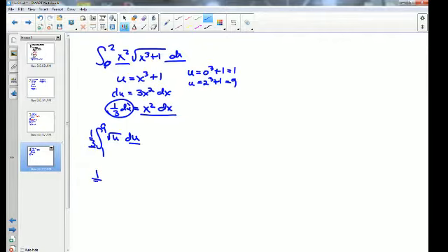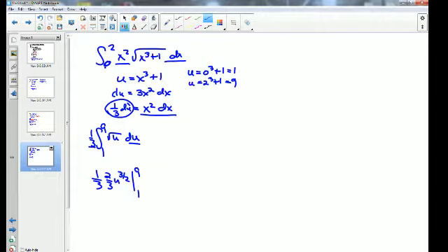So my integral is 2/3 u to the 3/2. Is that right? So that's 1/2, add 1, divide by, yeah. And you could probably finish it from there. But if you change these, do not put the x back in here.